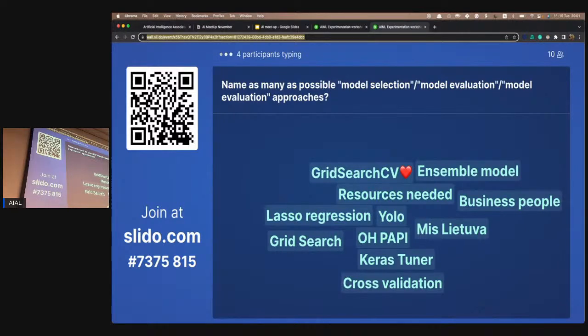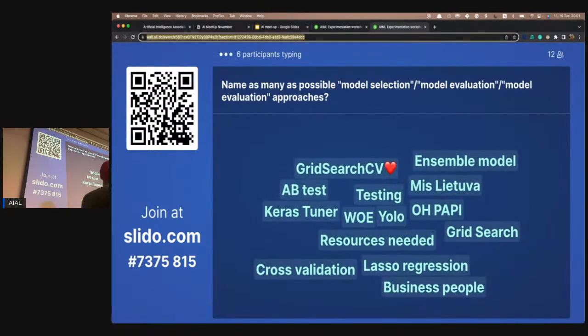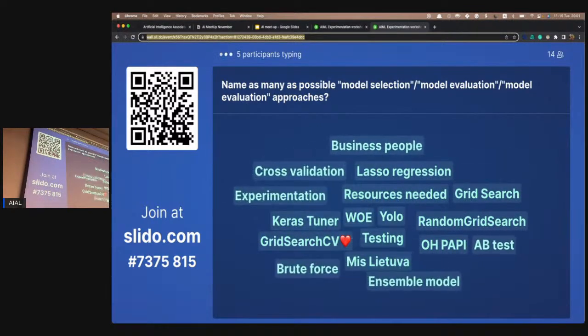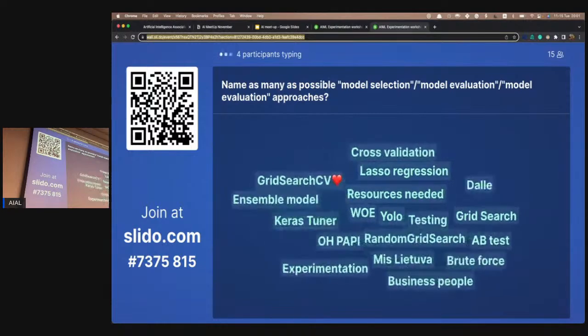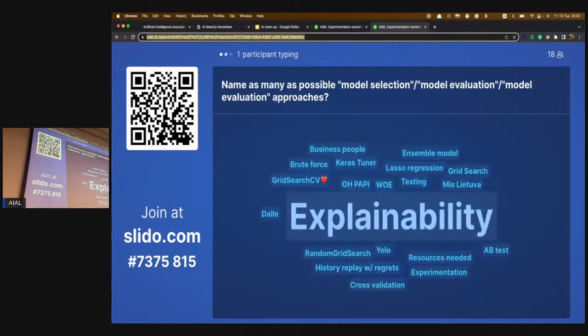Keras tuner. People still use Keras? Ensemble model. Brute force. Dali. History replay with regrets. That is deep. History replay with explainability. Okay, that is a valuable one. All right.